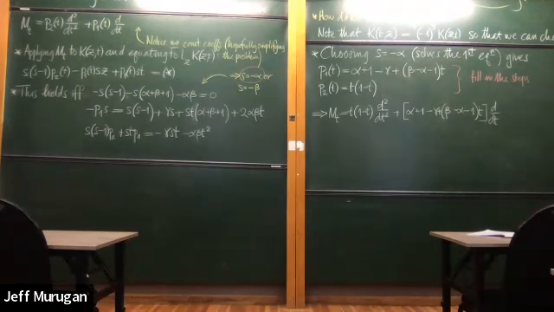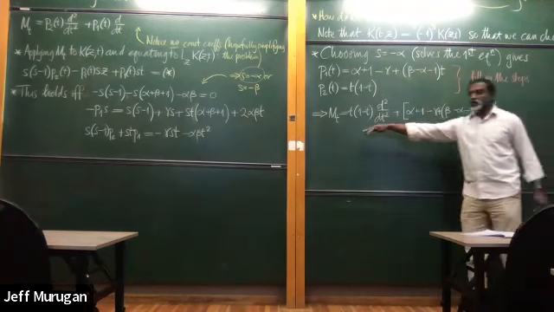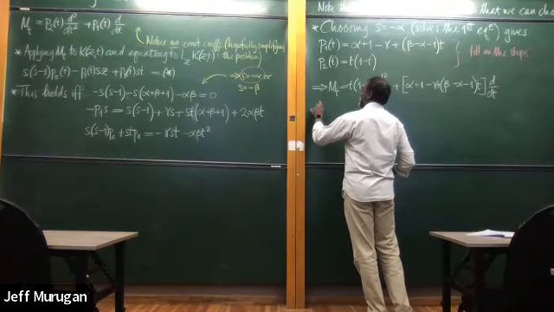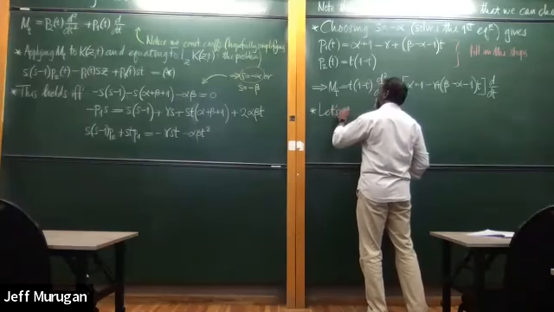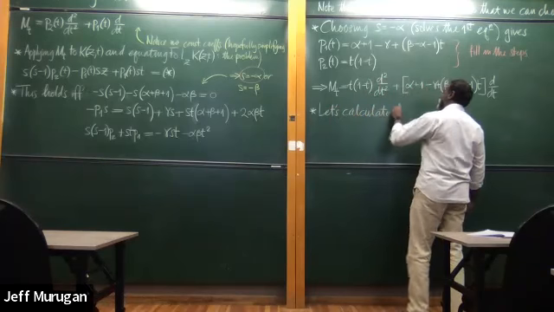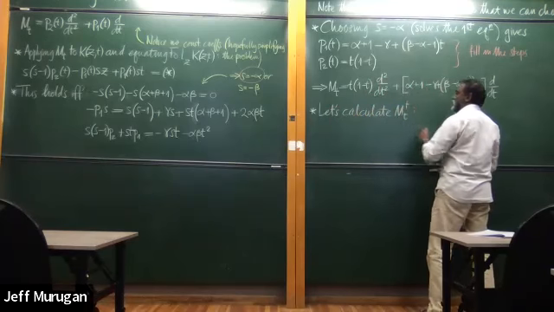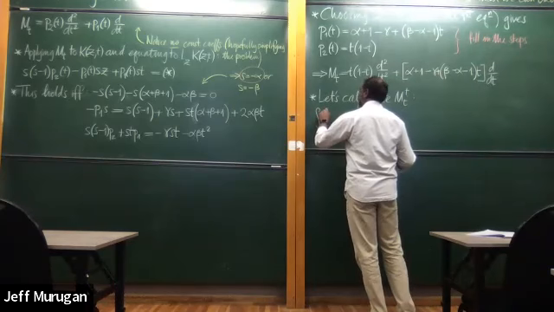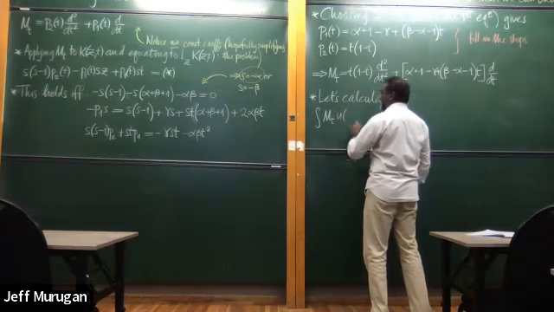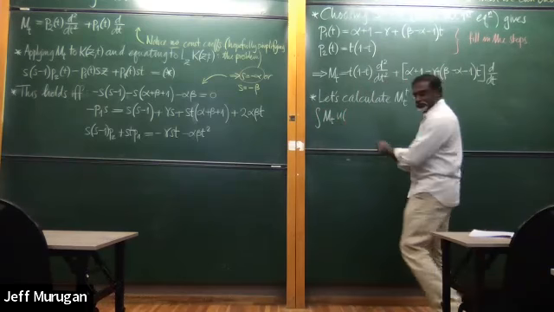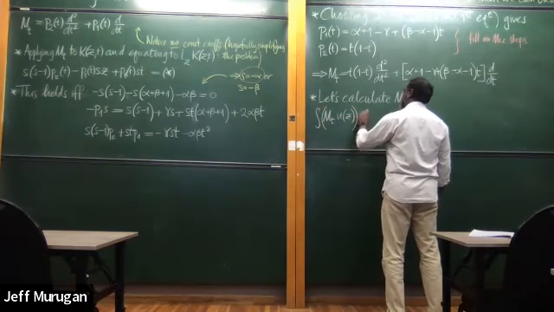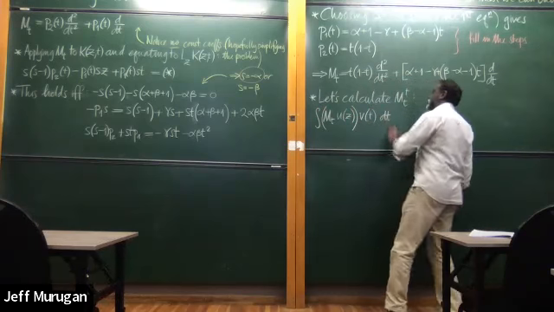So now we're in a position to calculate the adjoint of this thing. Remember, we're going to calculate the adjoint by looking at the integral of v(t) times M acting on some u of t, dt, and then integrating by parts.